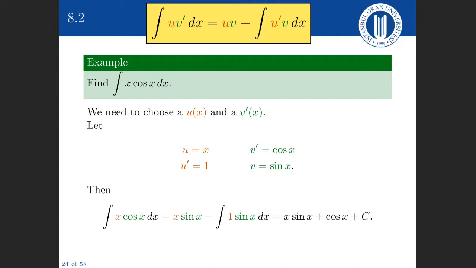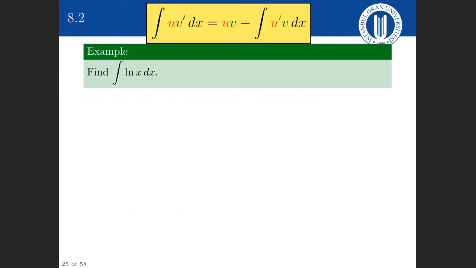Let's do another one. Find the integral of the natural logarithm of x. Now, what we're going to be thinking about is the integral of the natural logarithm of x multiplied by 1.